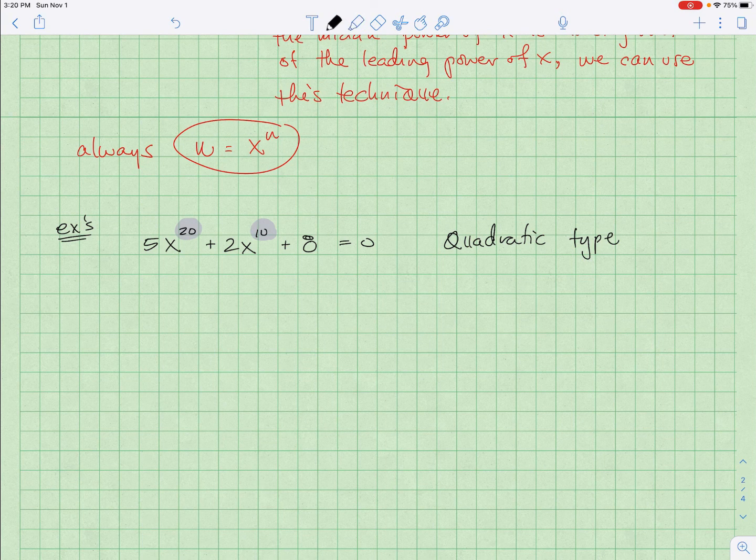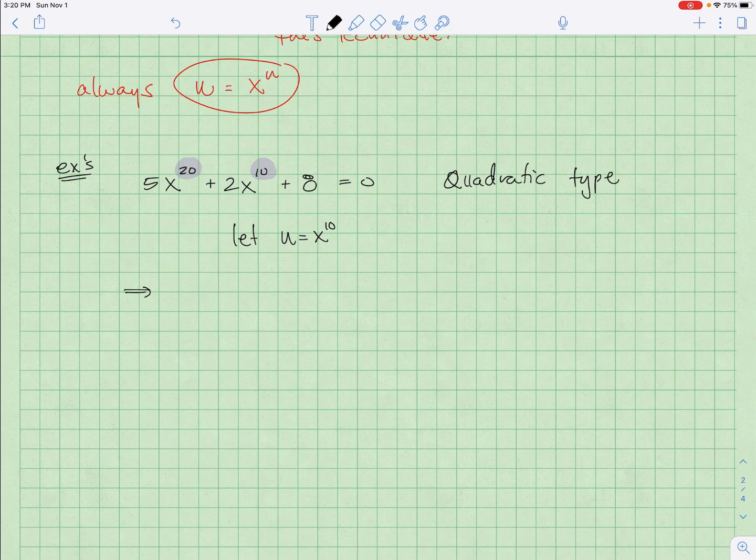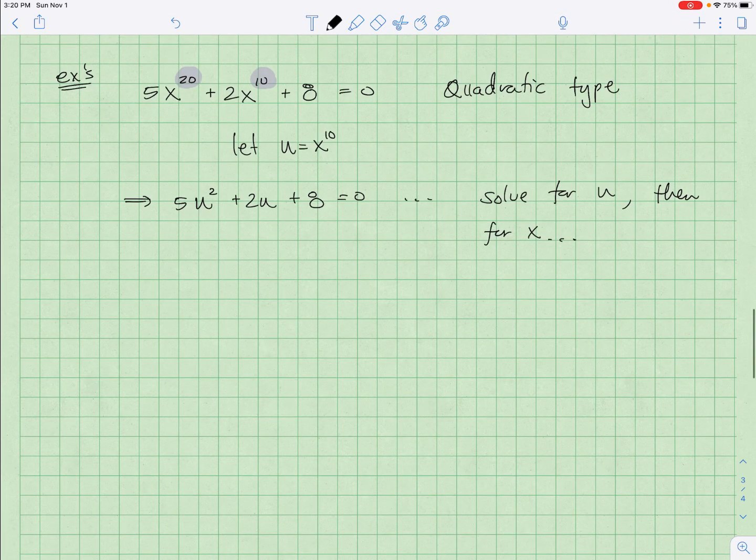And in this particular case, you would let u equal that middle power, x to the 10th, so that this becomes 5u squared plus 2u plus 8 equals 0. And then you would solve for u and then for x in that manner.